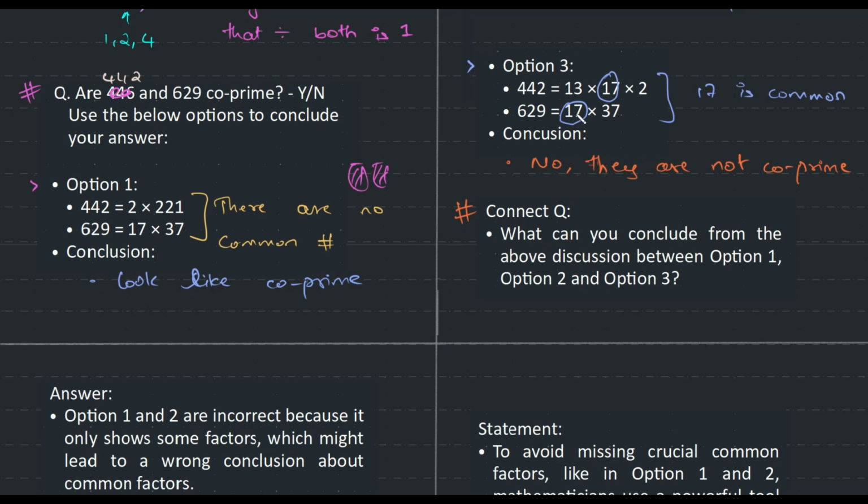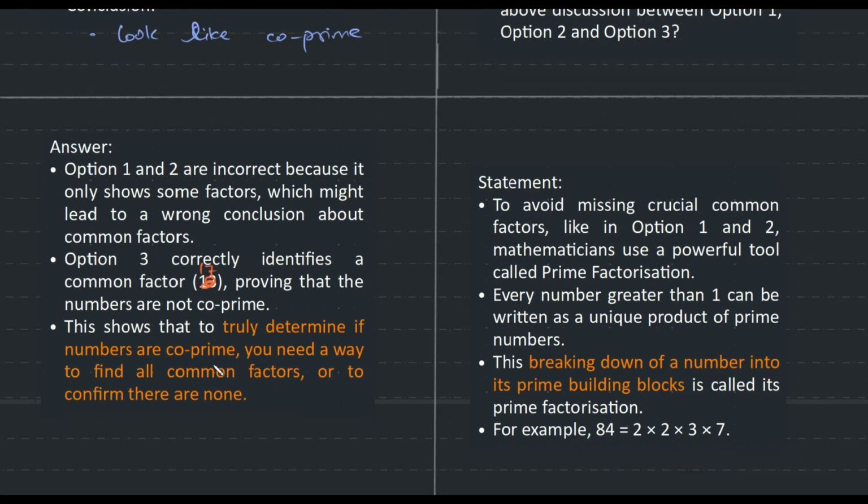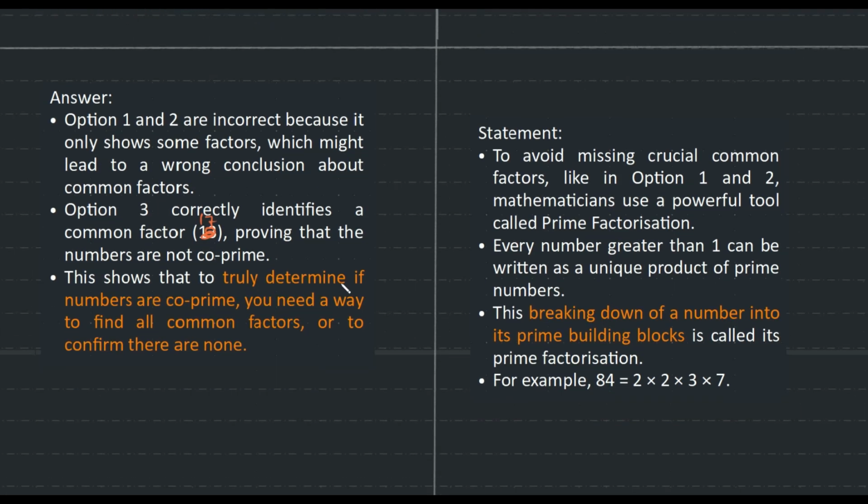So this shows that to truly determine if numbers are co-prime, you need a way to find all common factors or to confirm that there are none. So we need to do a better job is what we are trying to conclude over here.